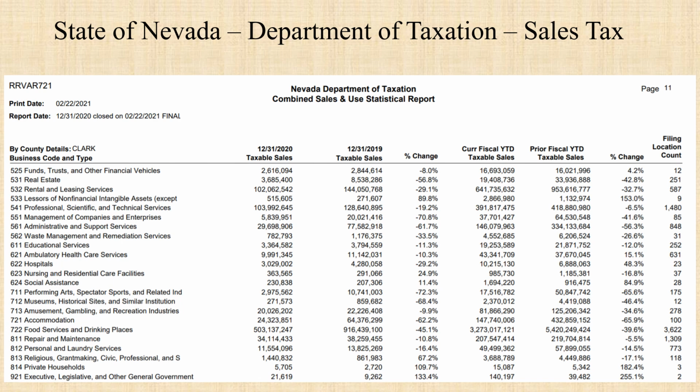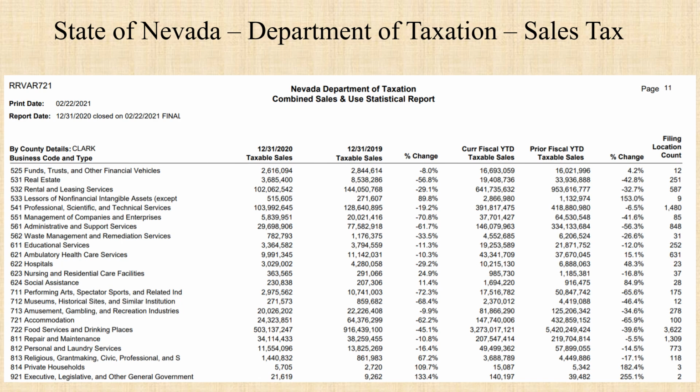And you'll notice when you go to the right hand side that most of the columns are much lower. The percentage change has gone way down. For instance, if you take a look at food services and drinking places, this includes restaurants, it's down 40% from a year ago. Accommodations, that are hotels and short-term leases, is down by 65%.